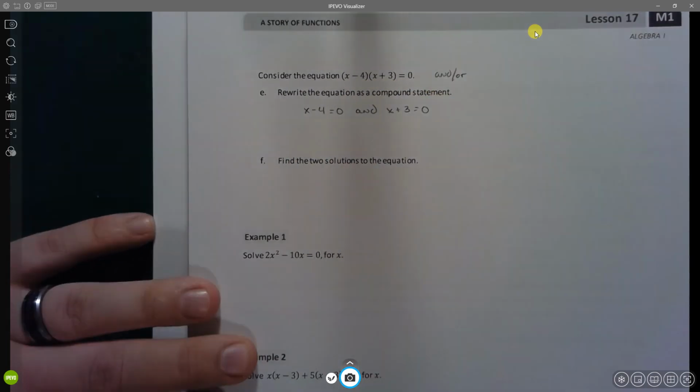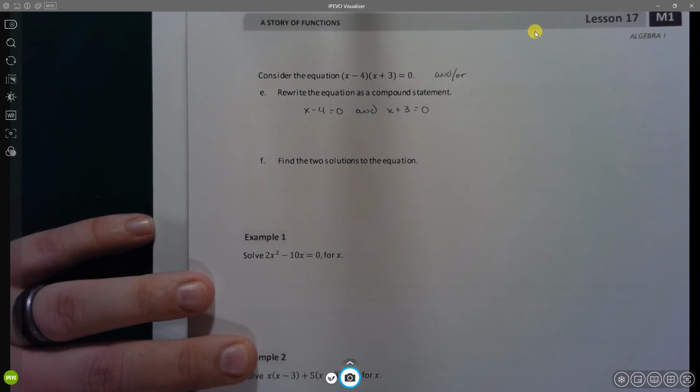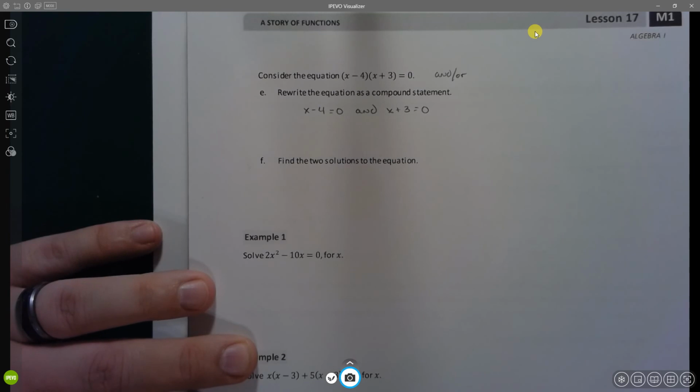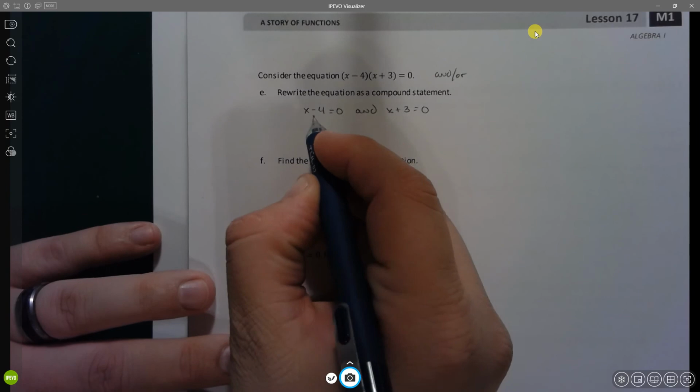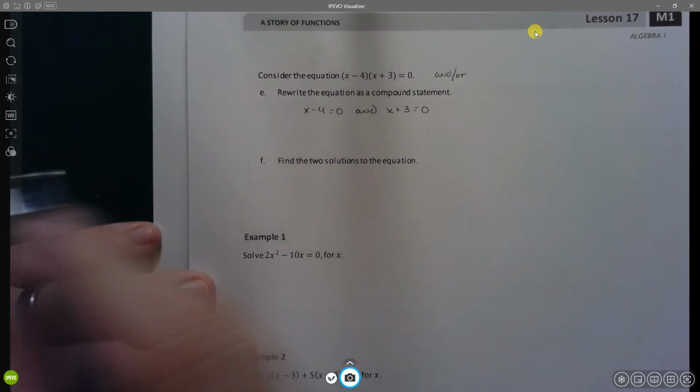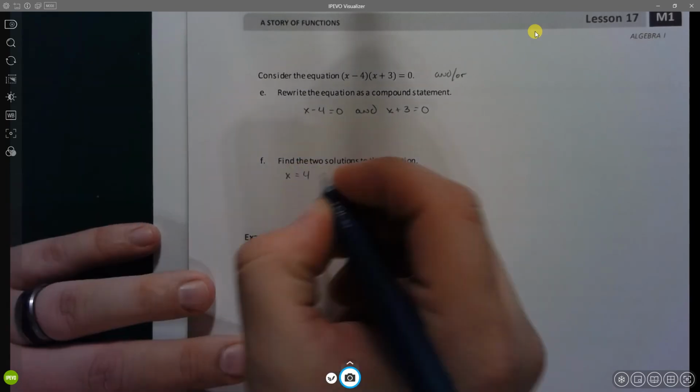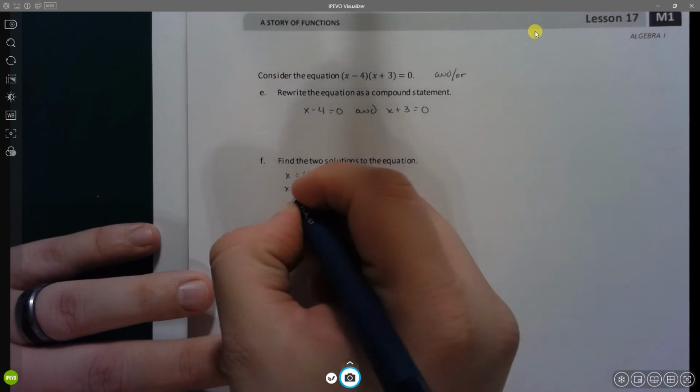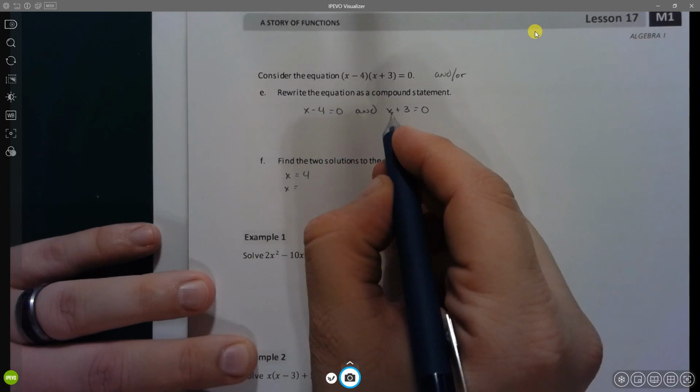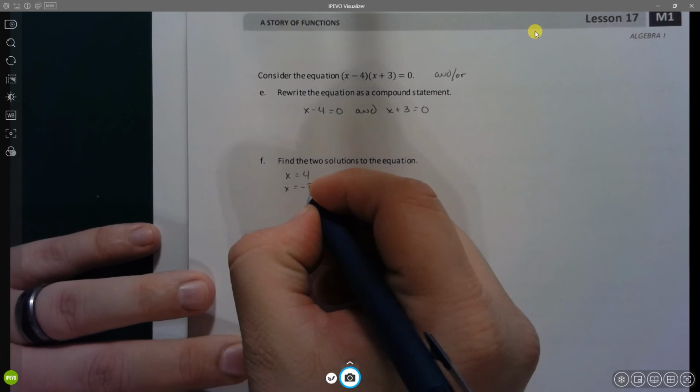That is a compound statement. We're stating that these two factored expressions can equal 0. So find the two solutions for the equation. Well, what value of x would make x minus 4 equal 0? Right. X would have to equal 4. And x would have to equal what? Right. Negative 3.